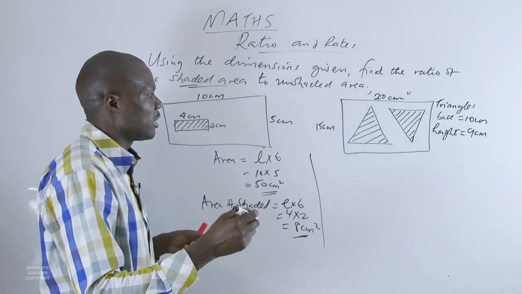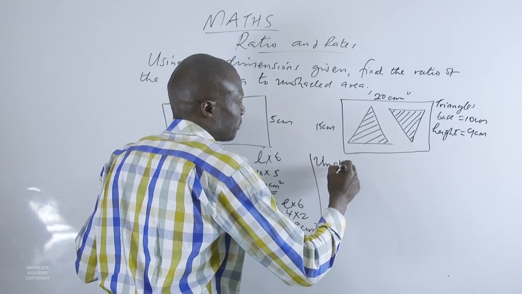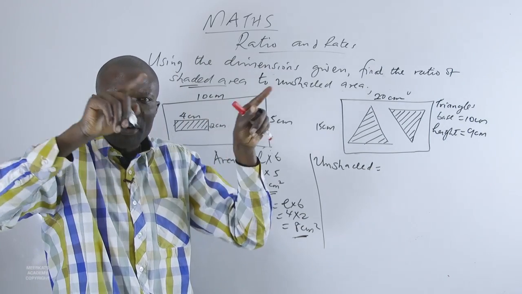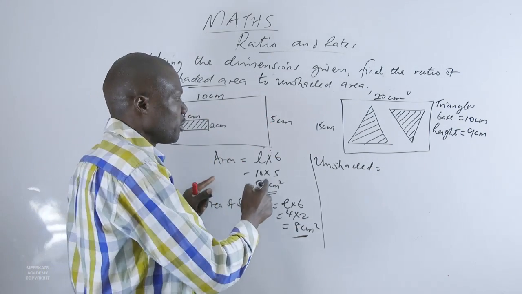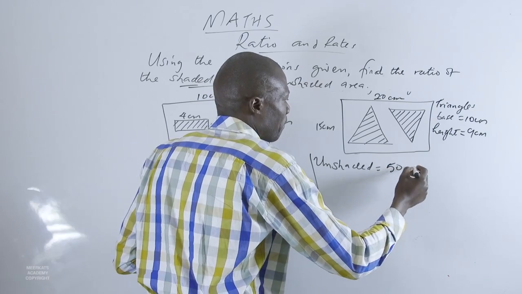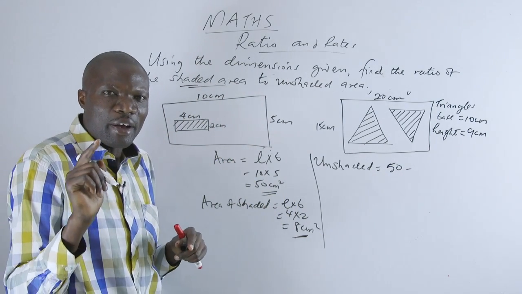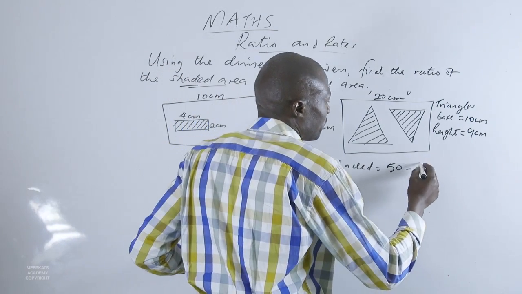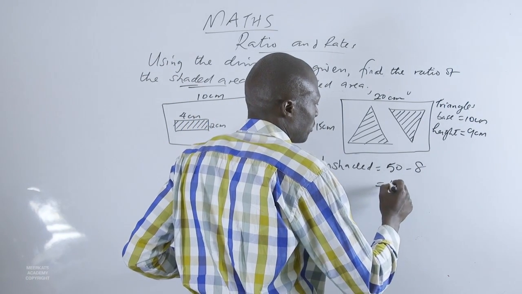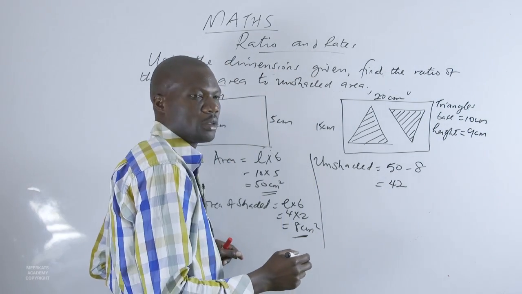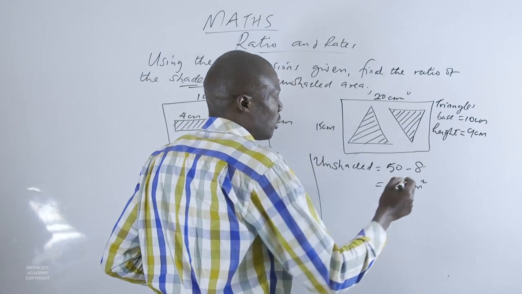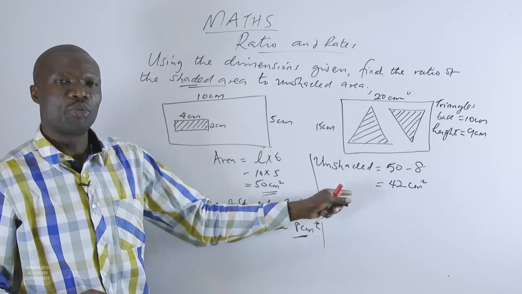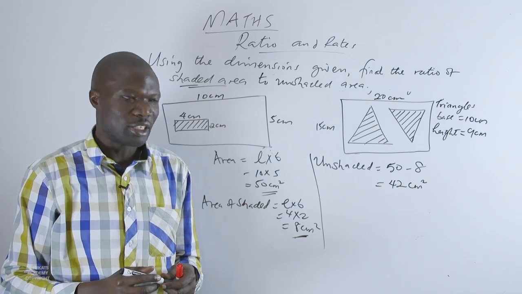For us to get the unshaded, this is equal to the overall area of the rectangle, which is 50, minus the area of the shaded part, which is 8. So the unshaded region is equivalent to 42 square centimeters.